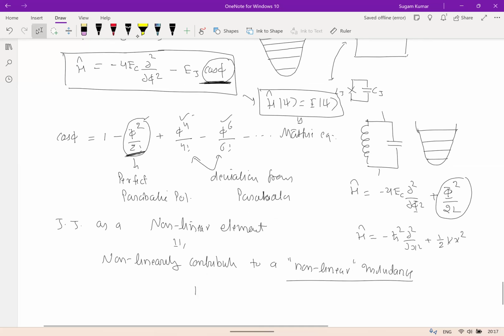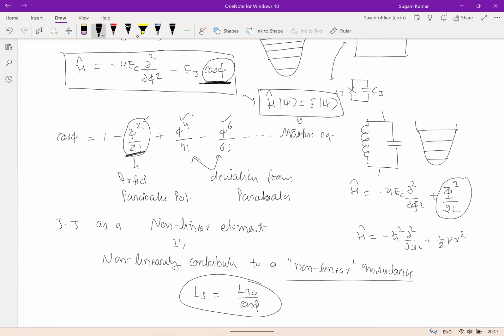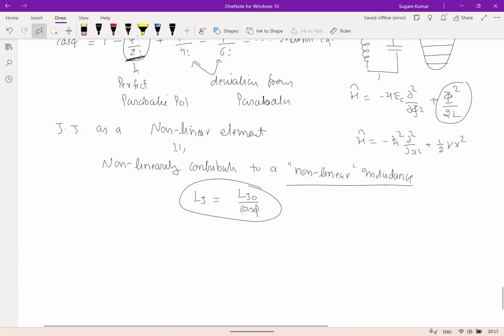What is that? L_J equals L_J0 upon cos phi. So you can see that our inductance is actually non-linear. This is the way we can turn the harmonic oscillator into an anharmonic oscillator.